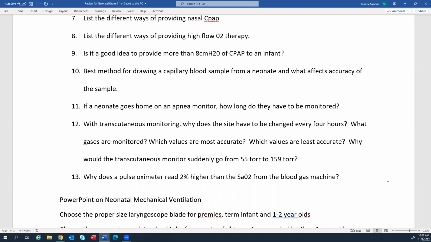The pulse oximeter only sees oxygenated hemoglobin and deoxygenated hemoglobin. So the percentage that gets reported is a little bit different. More accurate from the blood gas machine compared to the pulse oximeter. But the pulse oximeter in general, it reads 2% higher than what you get from your blood gas machine.